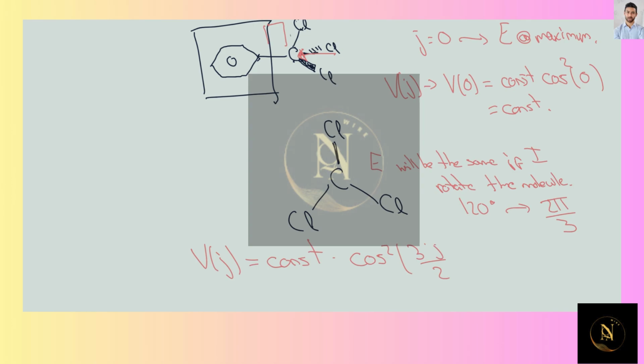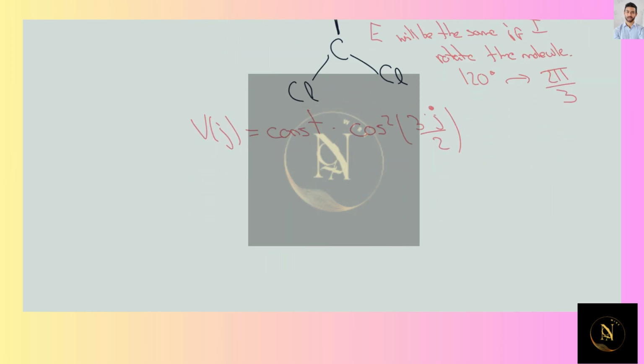Okay, you can verify this by, for example, let's go ahead and rotate the function and evaluate it at J equals 0, at J equal 2 pi over 3, and at J equal to 4 pi over 3. Remember that this would be 0 degrees, 120 degrees, and 240 degrees, just to not get confused.